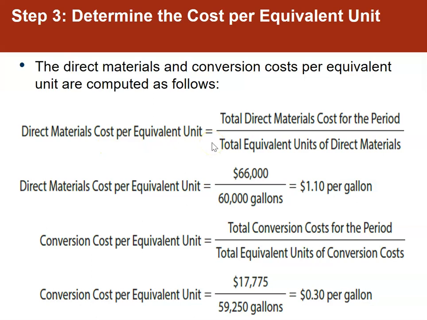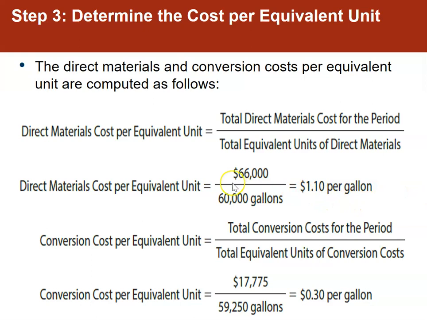And then they've handed us a figure here of $66,000. And this is important because this figure will change from month to month. Materials costs and conversion costs, for that matter, are really never going to be exactly the same from one period to the next. And we're going to look at an example of that here in just a moment.